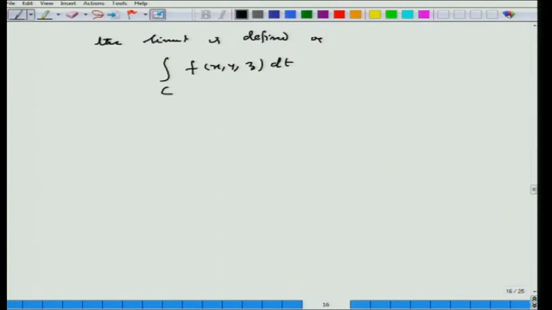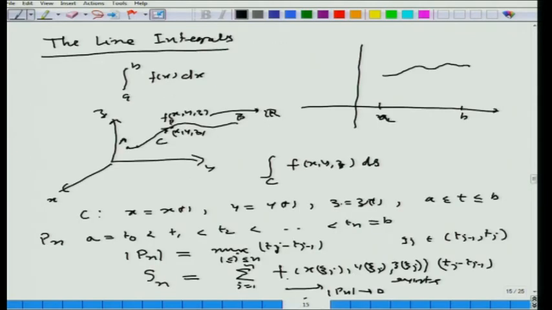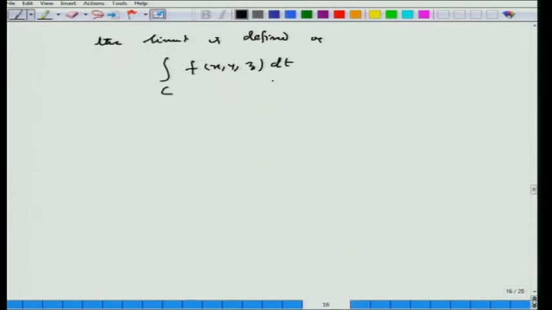Here x, y, z are functions of t, and this is defined in the sense of Riemann. If this limit exists, then we say that this line integral exists.